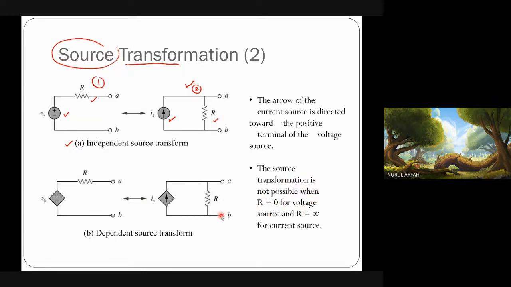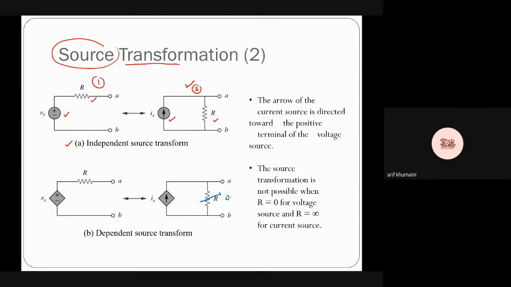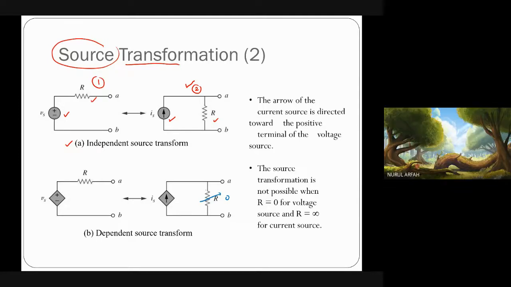Means that kalau R equal to 0, so change the color. If R equal to 0, katakanlah this one 0. Then what is R equal to 0? What types of electric element that equal to R equal to 0? True wire. A true wire. So dia macam ni rupa dia. Okay, a true wire.